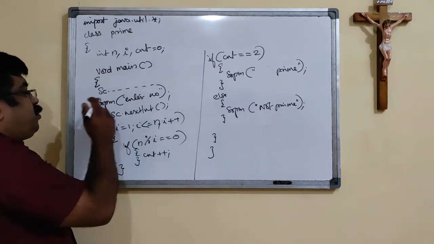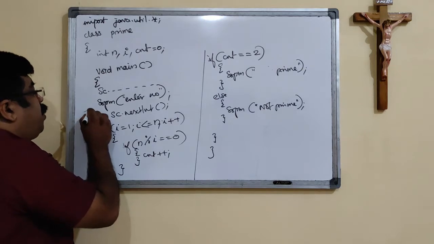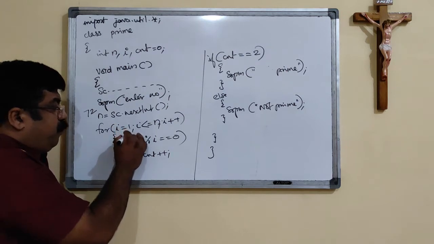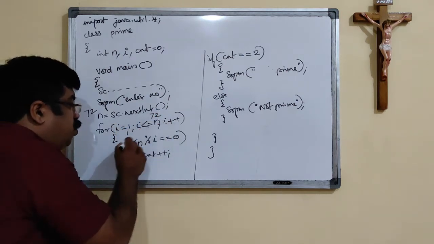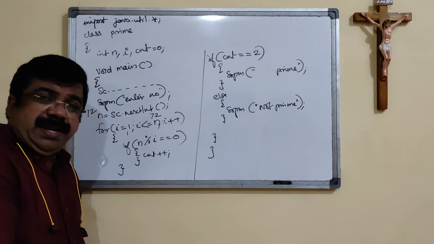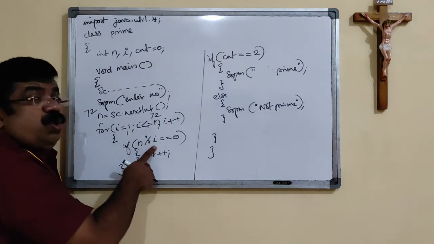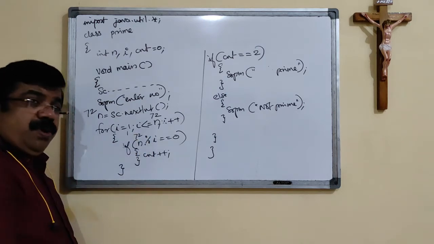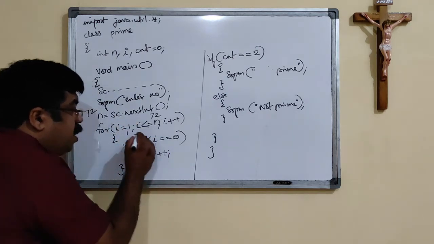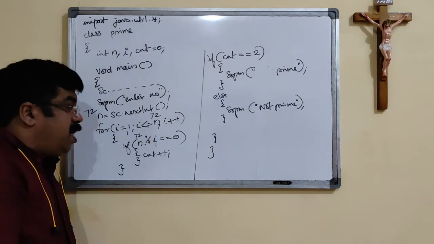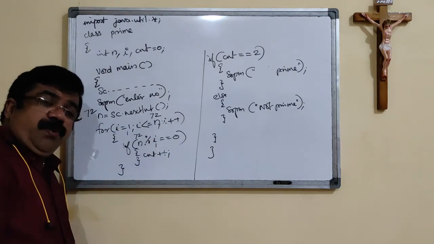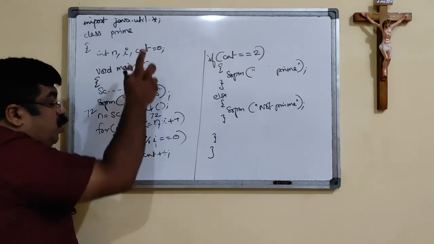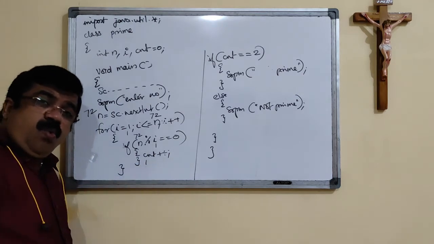Okay, we just assume that we entered the number 72. i equal to 1. From 1 to 72, the loop will run. If n modulus i, what is n? n is 72. What is i? 1. 72 divided by 1, is the remainder equal to 0? Yes. So what happens? The count which was 0 became 1.